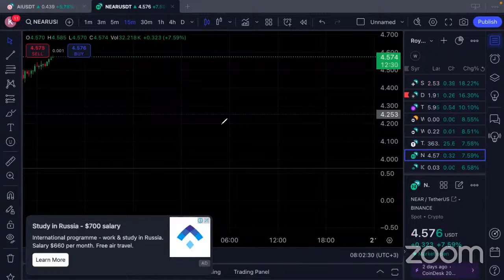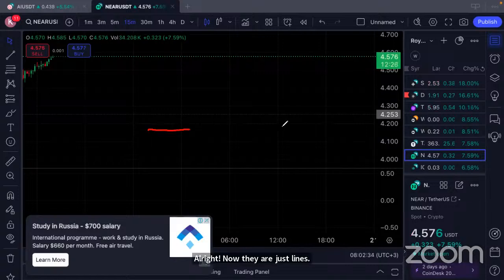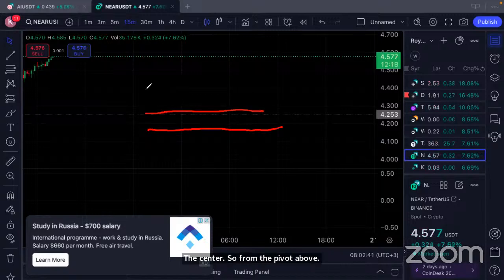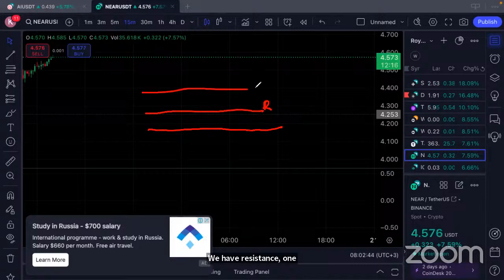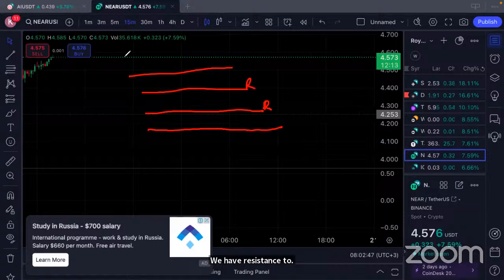All right. Now, they are just lines. Okay, this is the pivot, the center. So from the pivot above, we have resistance 1, resistance 2, resistance 3, and maybe resistance 4.